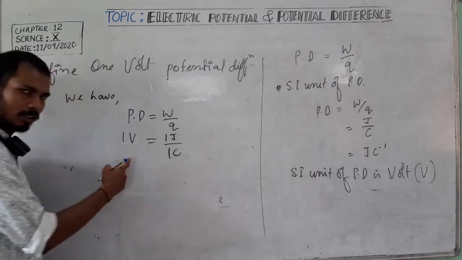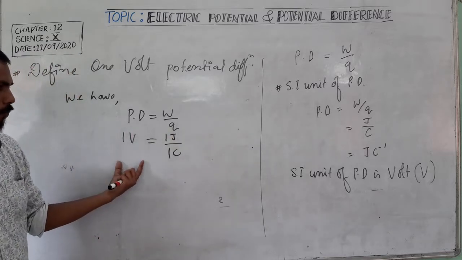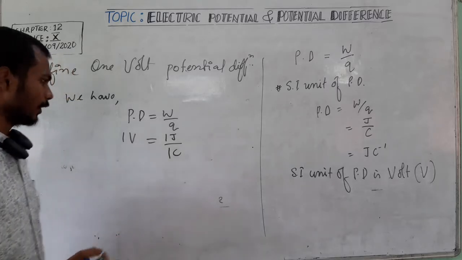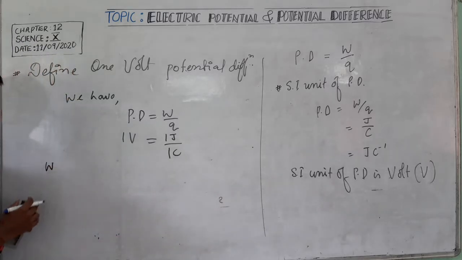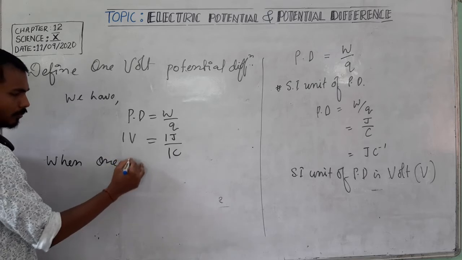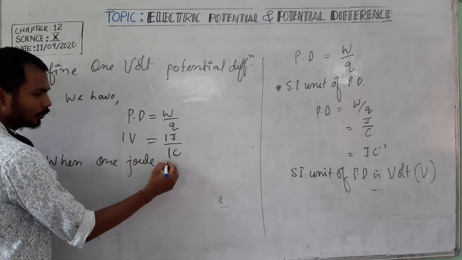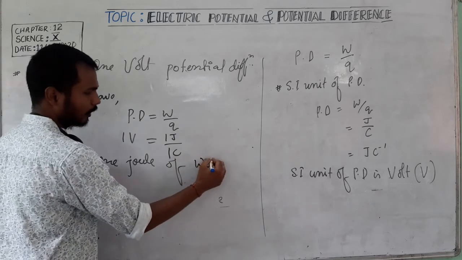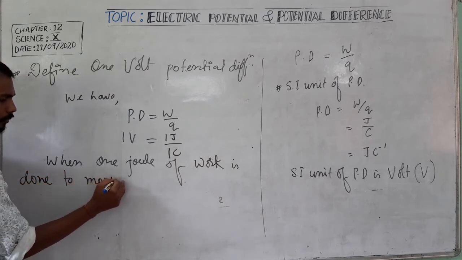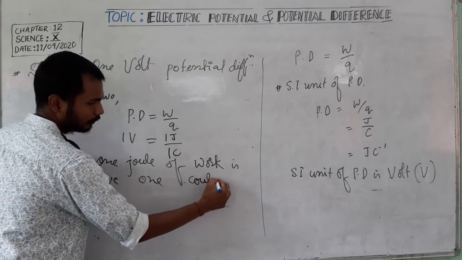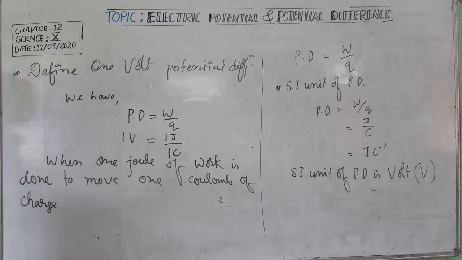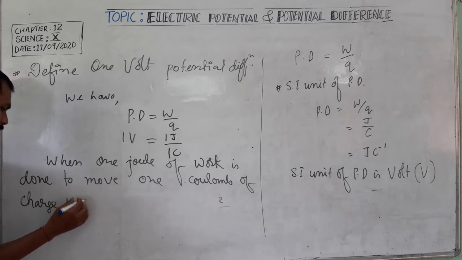So now define 1 volt potential. 1 volt potential is defined as when 1 joule of work is done to move 1 coulomb of charge through the conductor from one point to another point.